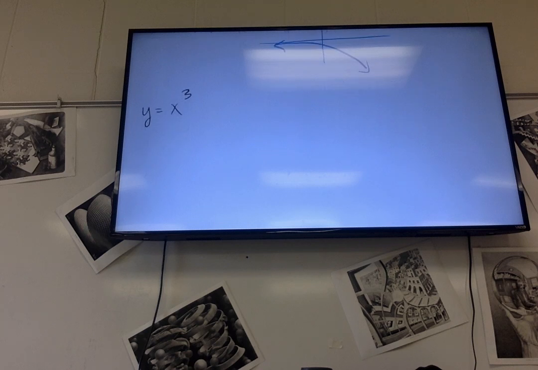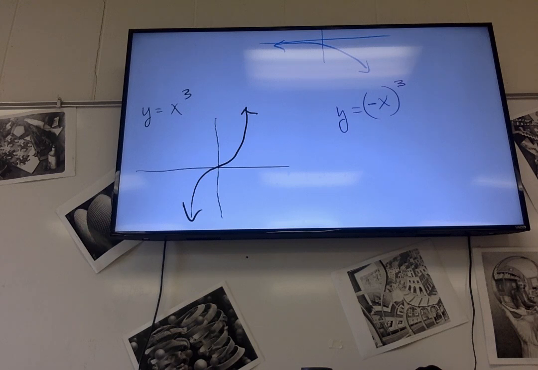And then, if we had something like this, y equals x cubed, we learned back in the day. It looks something like that. I definitely forgot all of those. That's okay. If we flip-flopped it and put the negative just in front of the x, actually, it's going to look the same either way, but go with me on this.